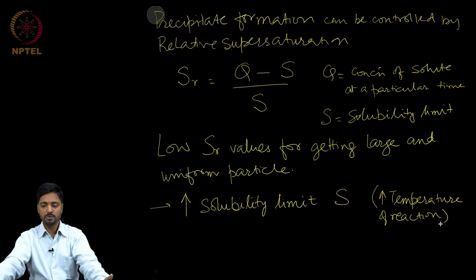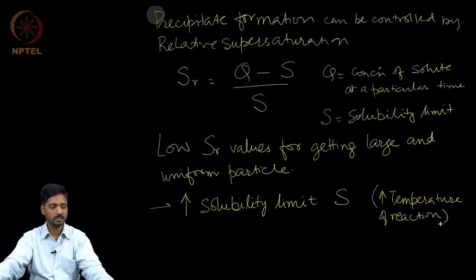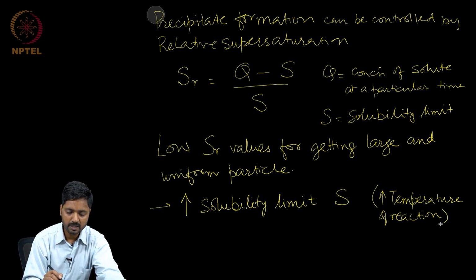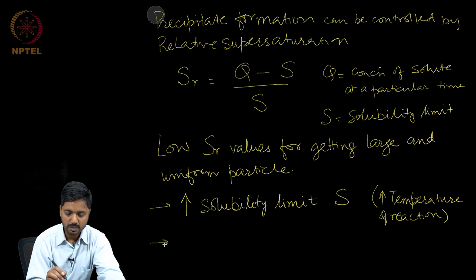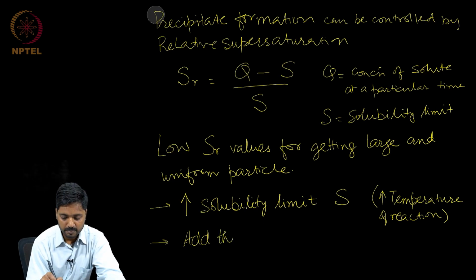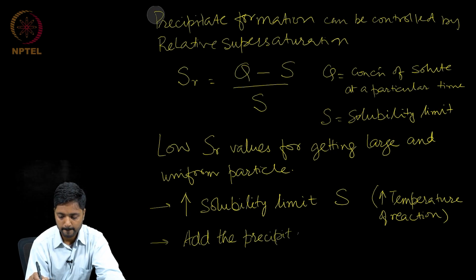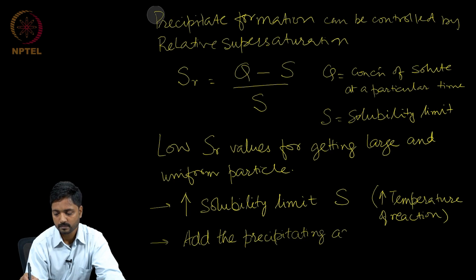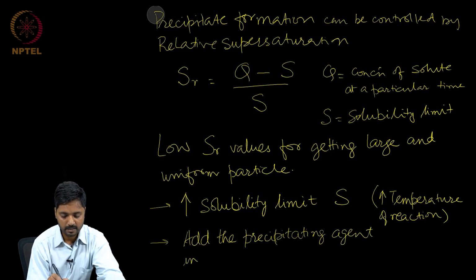That is why if you see scientific literature, you will find that many of the very uniform particle synthesis is undertaken at very high temperatures of about 300 to 350 degrees Celsius. Similarly, what we can also do here is to add the precipitating agent in a very gradual manner.